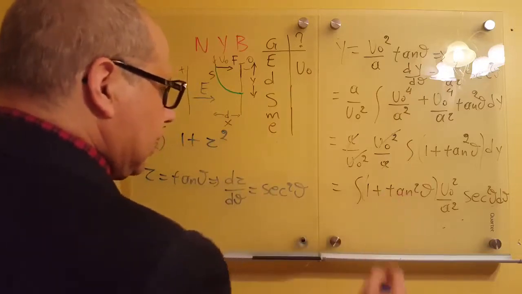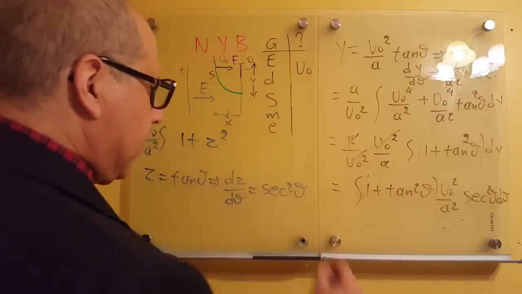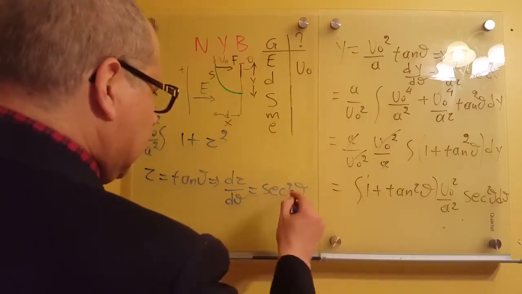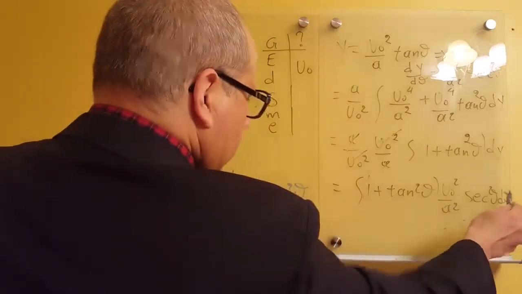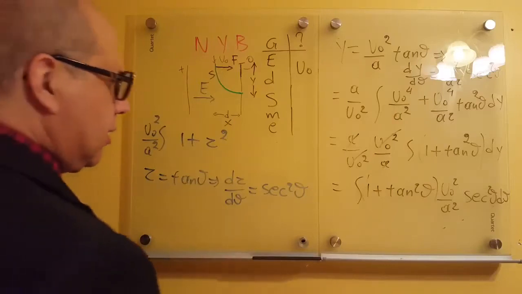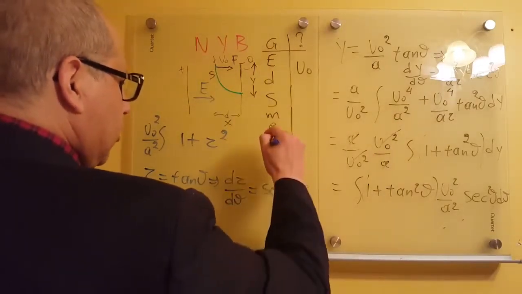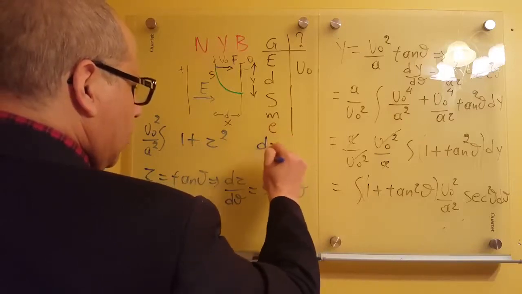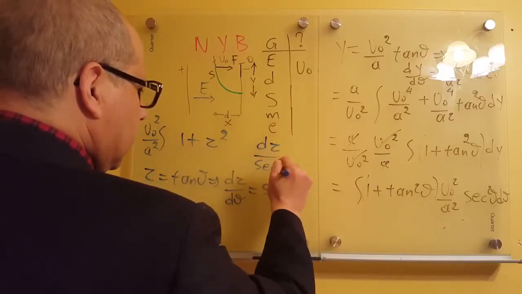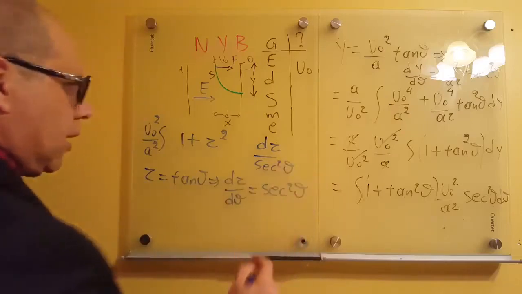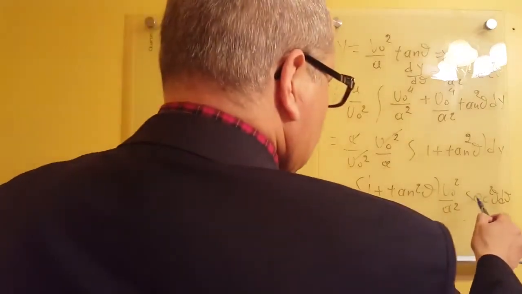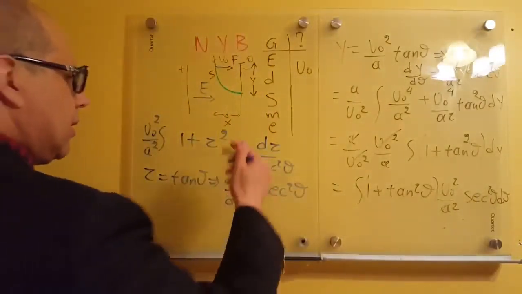And if you solve for d theta, because we have to substitute it here, you will have that d theta is equal to dz over sec square theta. And of course, we have the sec square theta here.